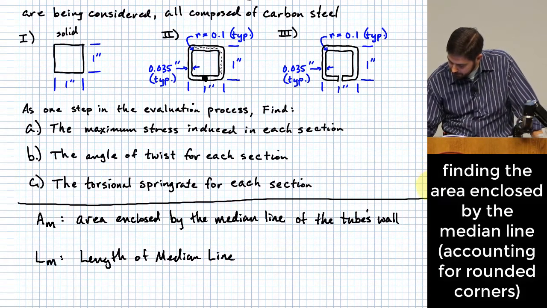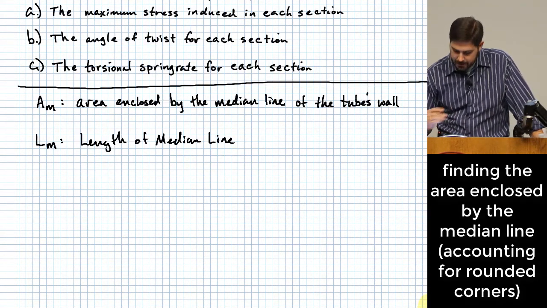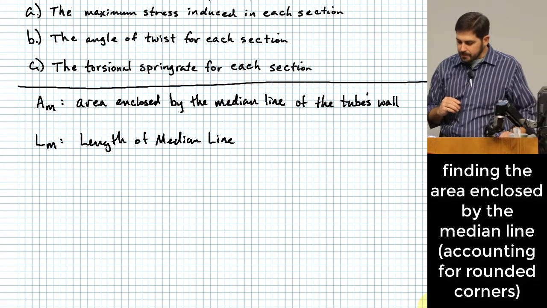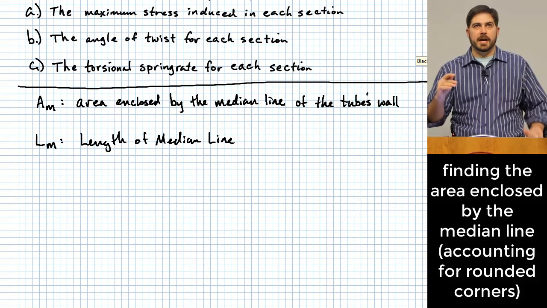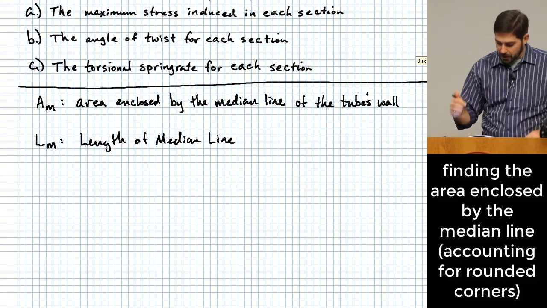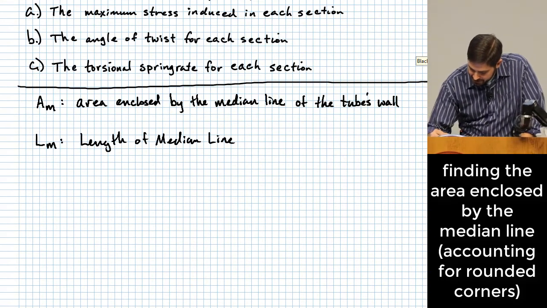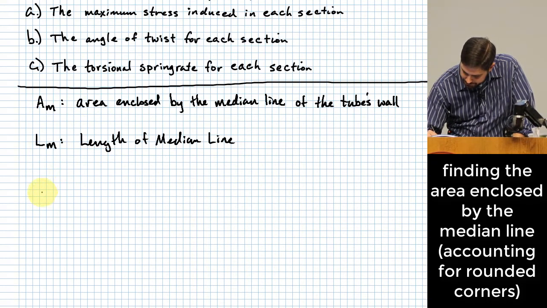So there's going to be a little bit of geometry right here at the front of this problem, specifically for this case where we have the rounded corners. So what I'm going to do is make a little sketch of one of the corners.